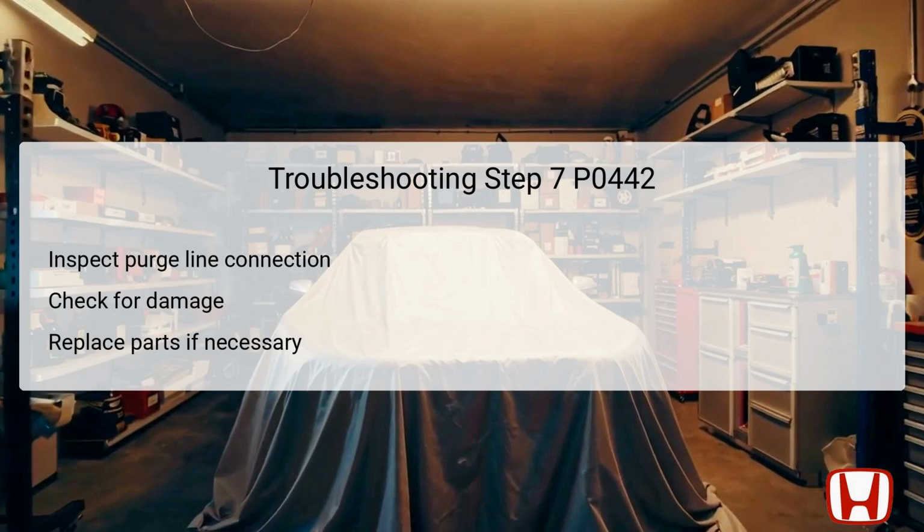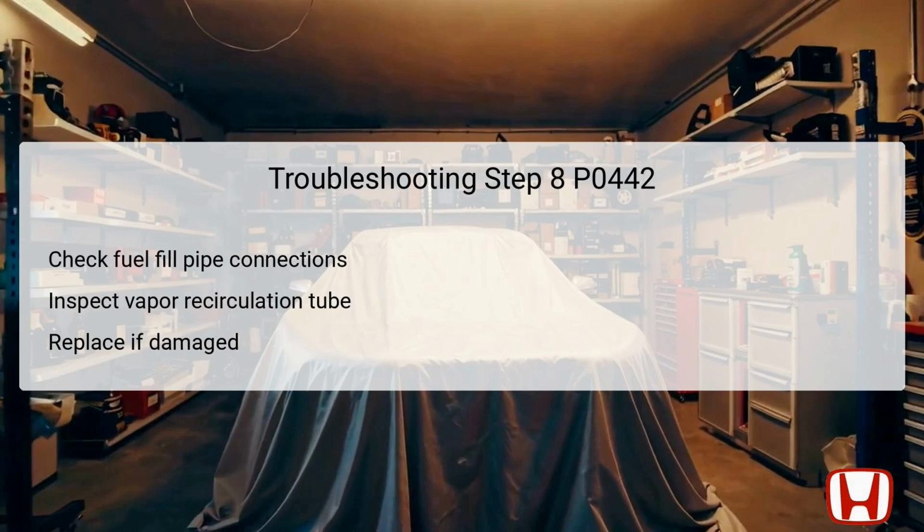If faults are found in this line or the canister itself, it's imperative to replace them, since these parts directly impact emissions control. Ensuring the components are in good condition is essential for the overall performance of the EVAP system and to avoid continued trouble codes.